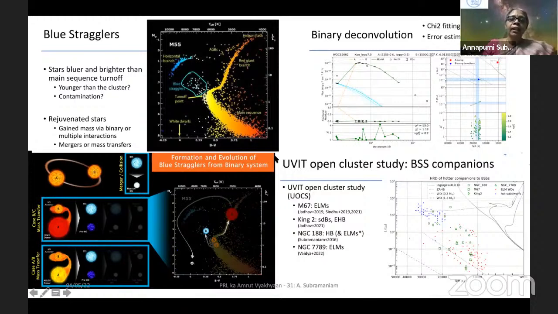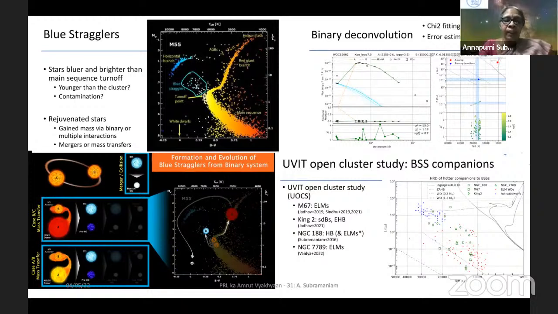So again, as I mentioned, the deconvolution of the spectral energy distribution into a cooler and a hotter component helped put both the cooler and the hotter component in the HR diagram, and resulted in identification of the hotter companion for a number of Blue Stragglers in open clusters. The result being that it is indeed the mass transfer mechanism that is at work in the production of Blue Straggler stars.